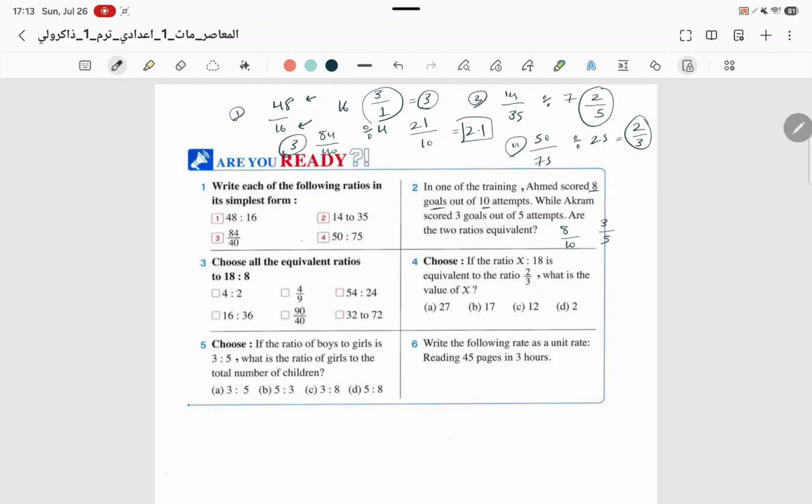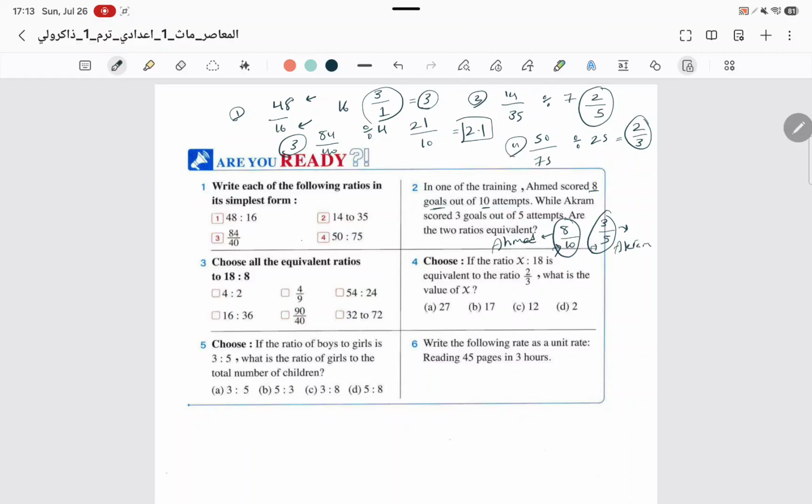So how many tries did Ahmed make? 10. But how many tries did Akram make? It is 5. So here 8 over 10 for Ahmed, and 3 over 5 for Akram.